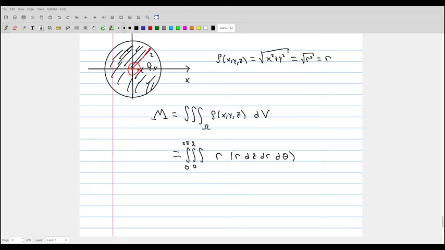It's going from the bottom surface, which is the bottom paraboloid, or 2 times x squared plus 2 times y squared, which is 2 times r squared. And likewise, the top surface is going to be 16 minus 2 times r squared.